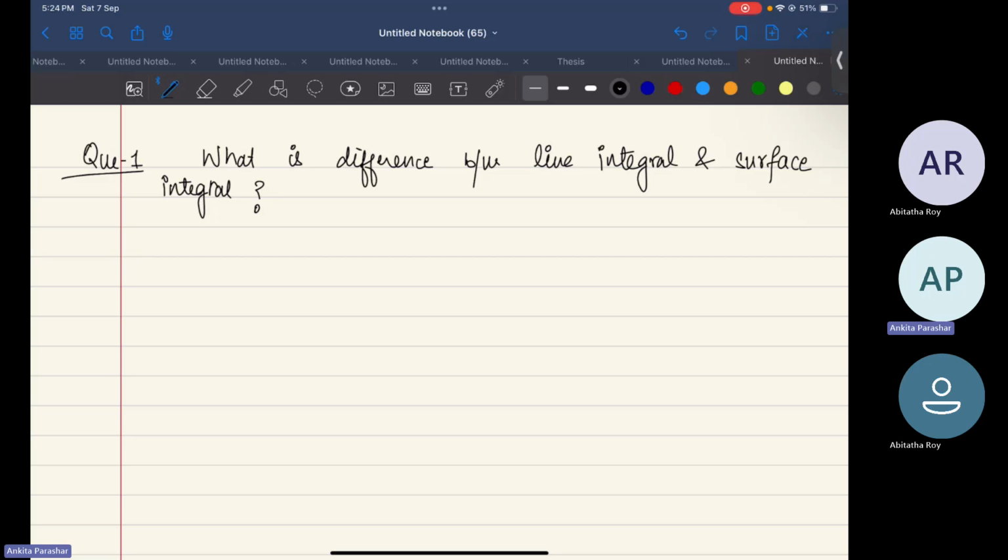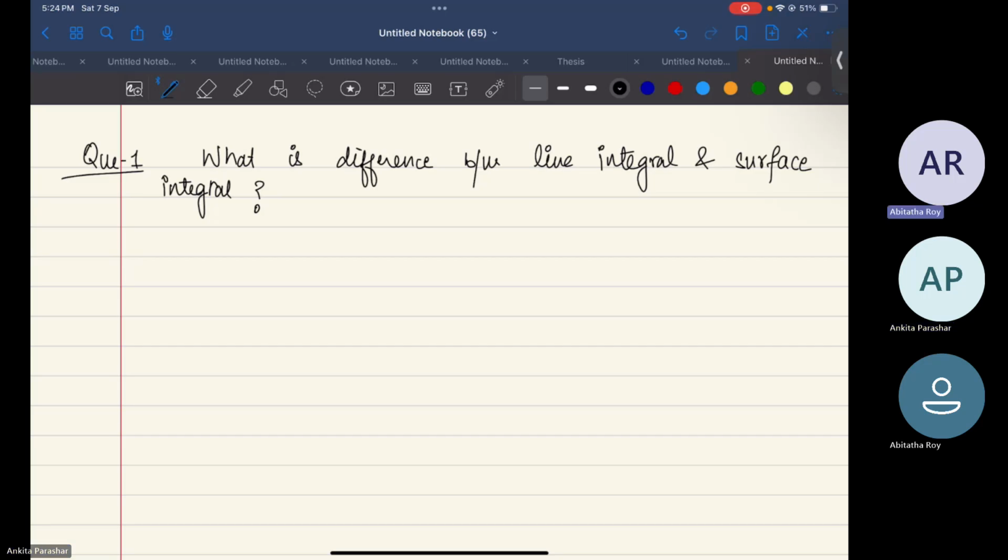Suppose you have a surface. The line integral would be over the boundary of the surface. That is considered a line integral when you just consider the boundary of your surface. However, if you consider your surface and integrate your function over the surface, that gives you the surface integral.